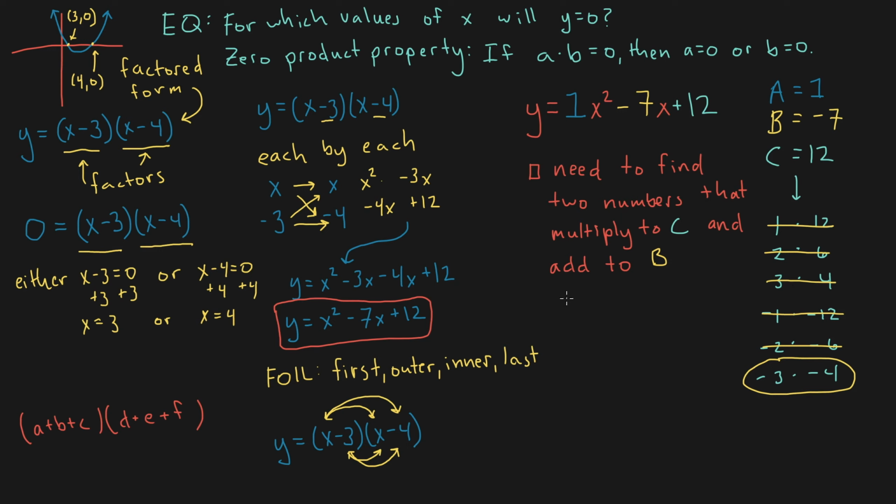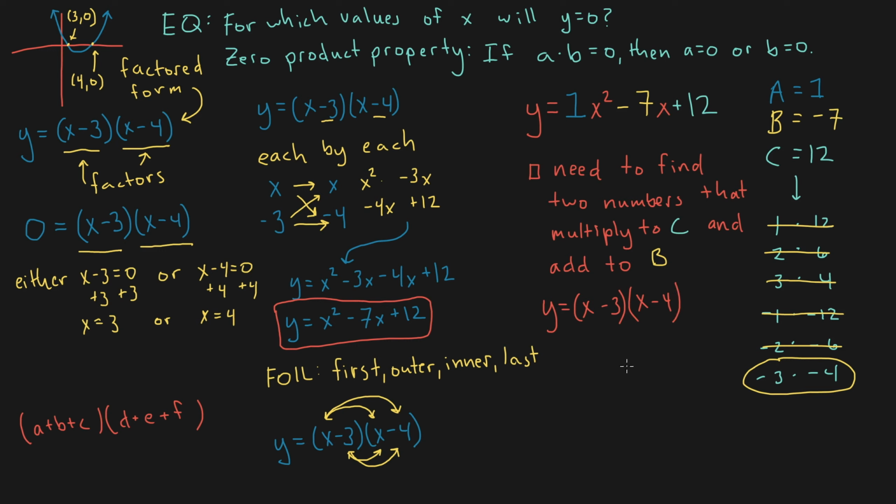And so I'm going to use those two numbers to rewrite this equation in factored form. So that's going to be y is equal to x subtract 3, and then x subtract 4, because those are the two numbers that multiply to make 12 and add together to make negative 7.